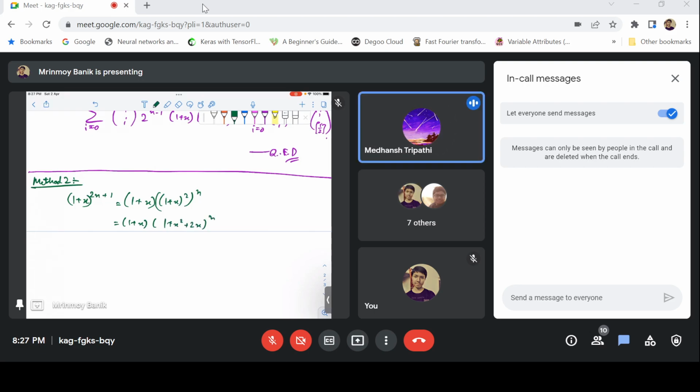And then again we can expand it more. It will be 1 plus x square plus 2x to the power n, plus x times 1 plus x square plus 2x to the power n.